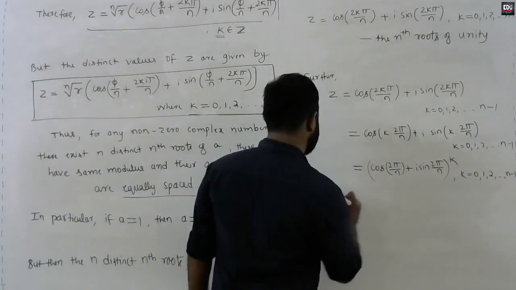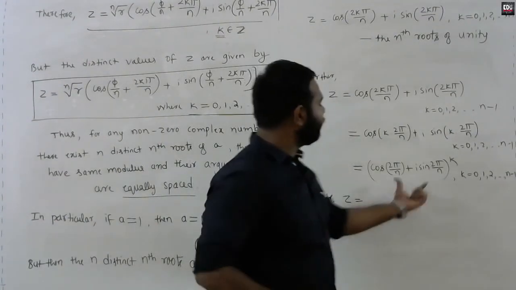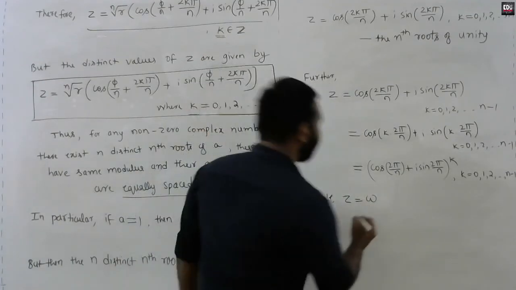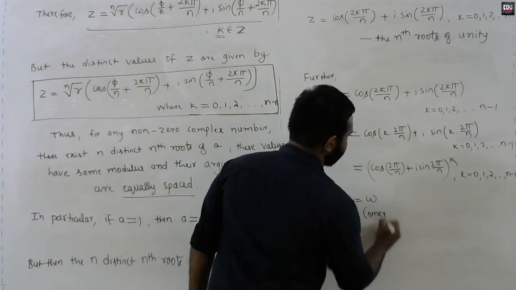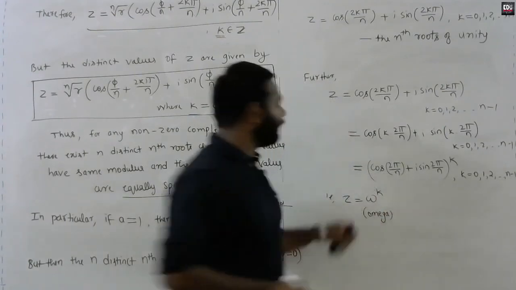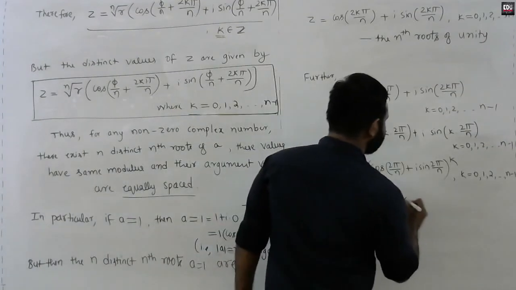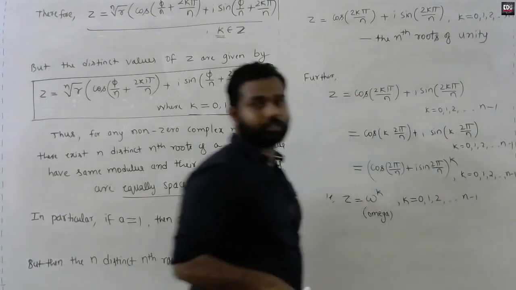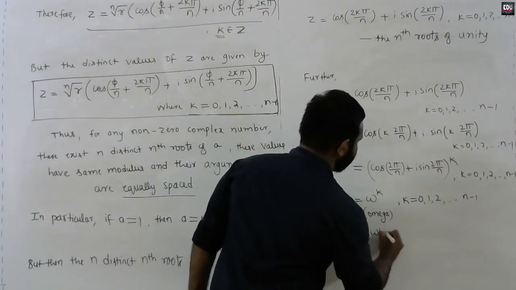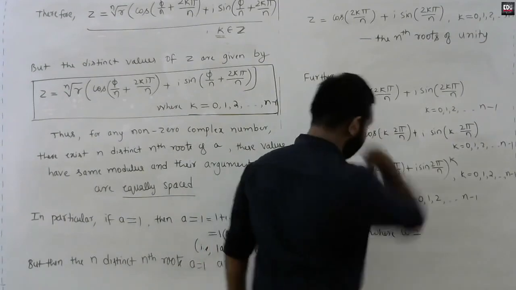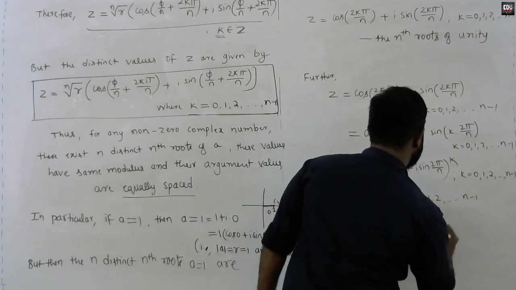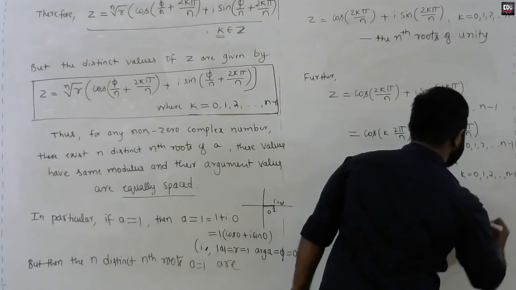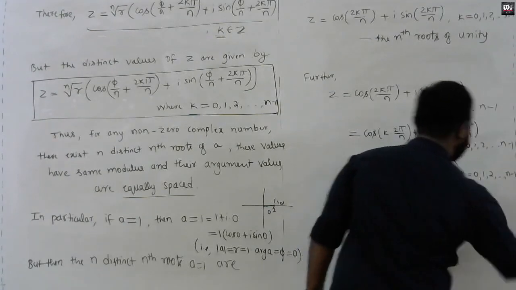So we'll take this value as this symbol, which is called omega. So z equals omega power k, as k runs over the values 0, 1, 2 up to n minus 1, where omega is cos 2 pi by n plus i sin 2 pi by n.